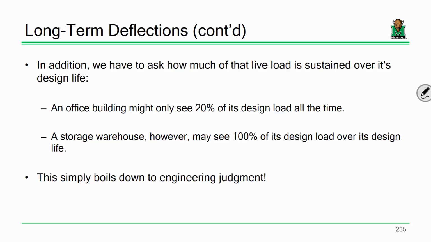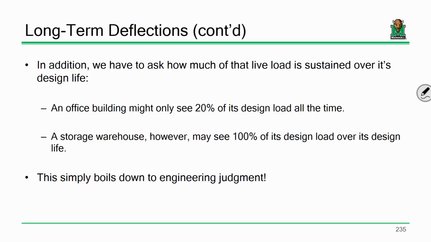Whereas what if we're talking about something like a storage warehouse or a library? Take something like Sam's Club: you've got these big stacks of heavy pallets with Coke and 5-gallon jars of peanut butter and what have you. That floor system is going to sustain that load all the time, because it is seeing those heavy loads all day, every day.